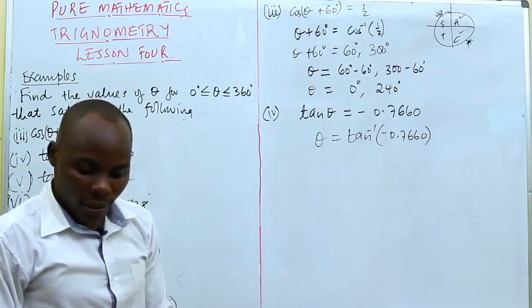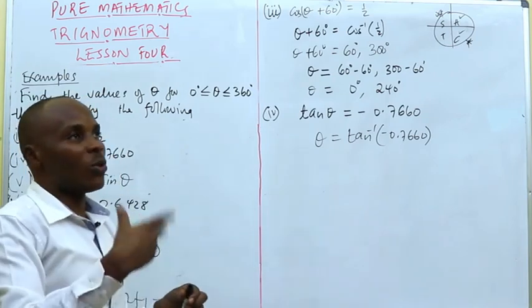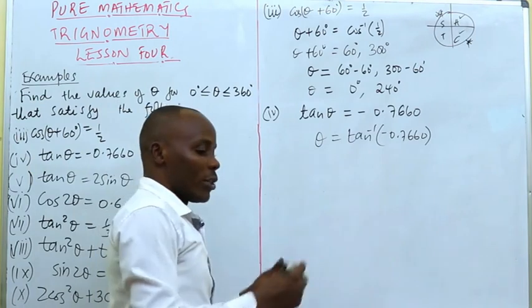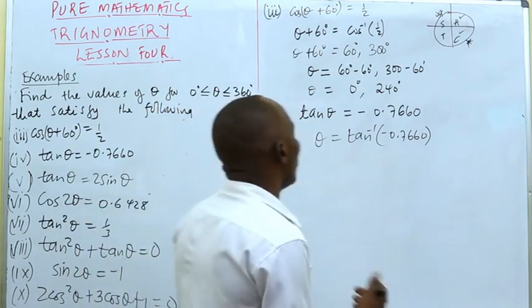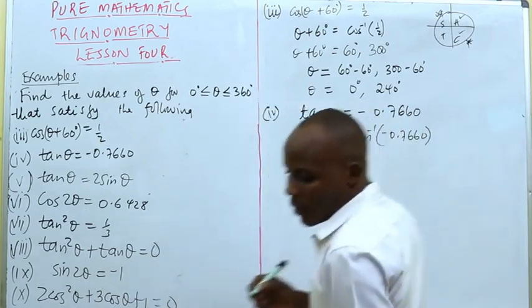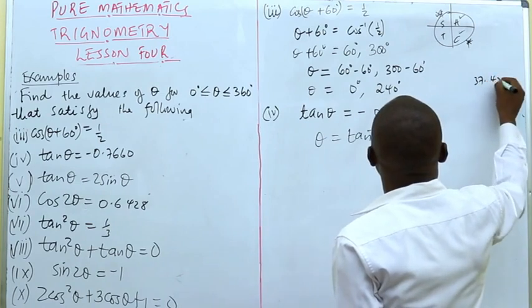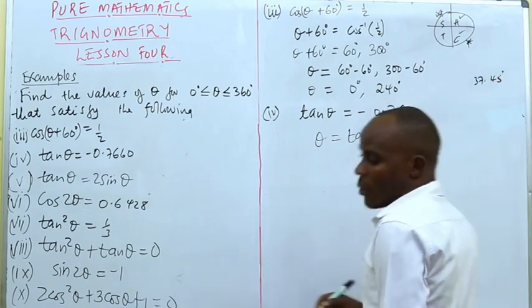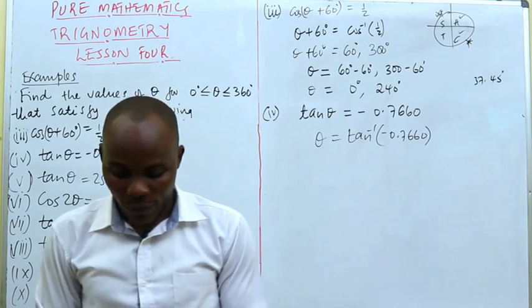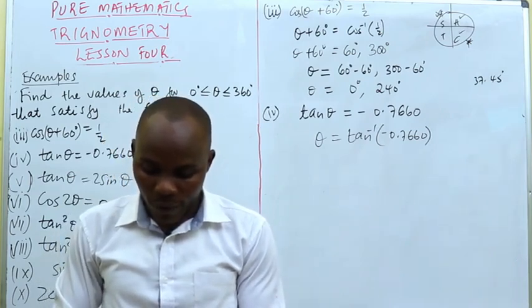If the angle has got decimal points, your answer should be to at least 2. I prefer 2 decimal points. So we have got 37.45.